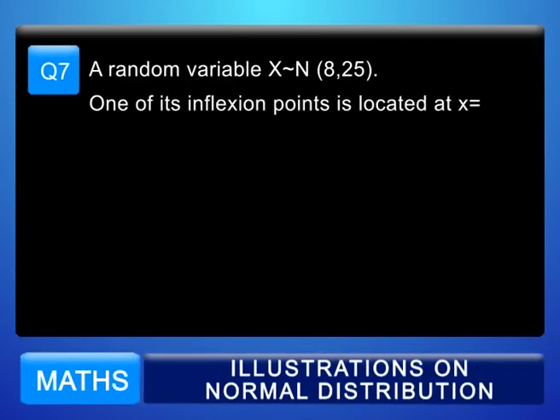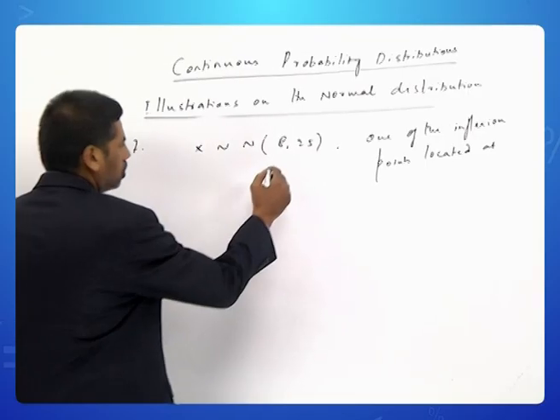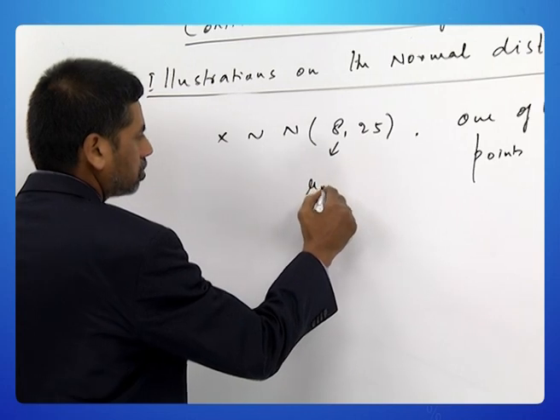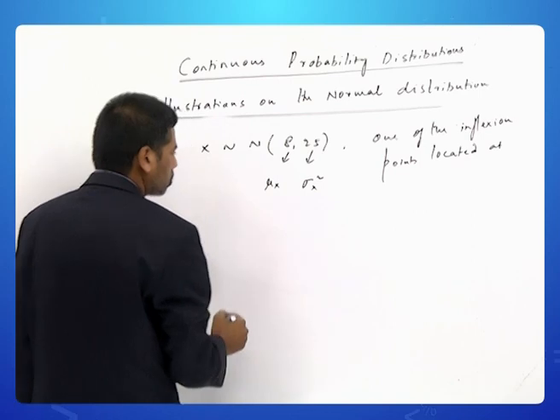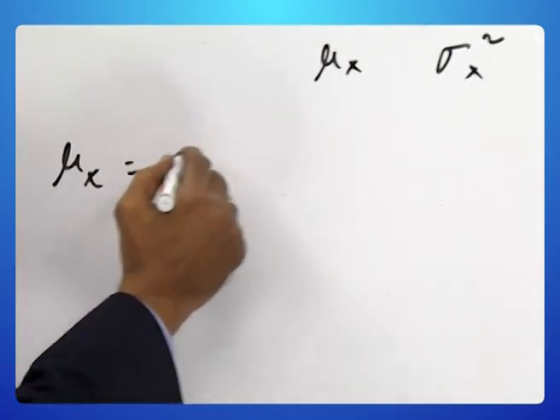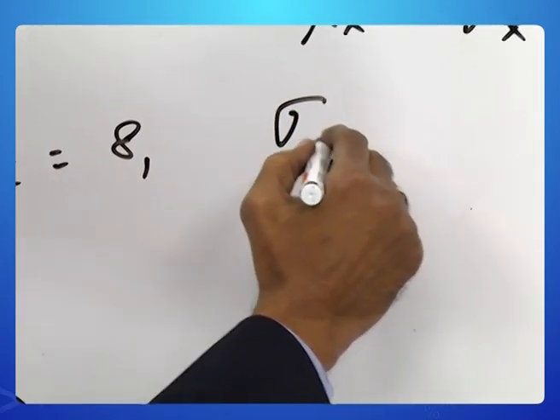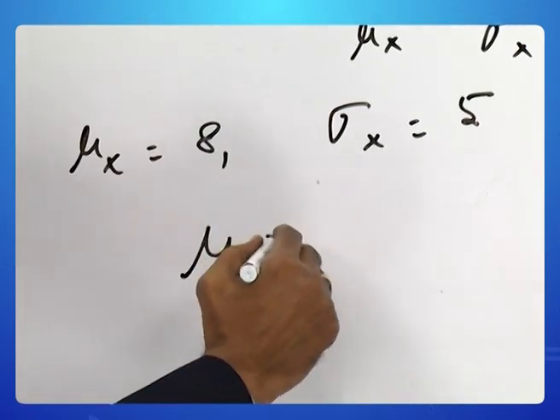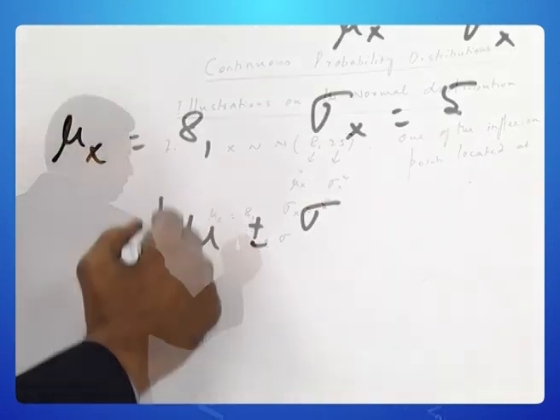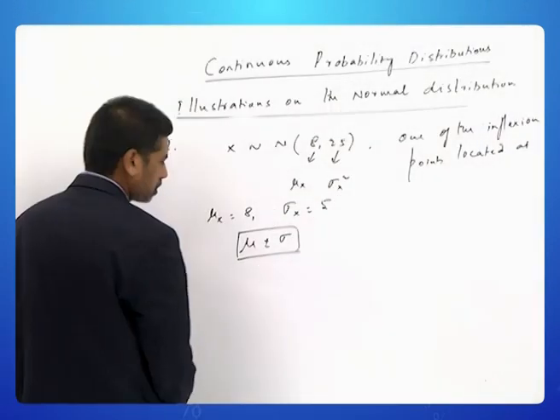Question number 7. If a random variable x follows a normal distribution with mean 8 and variance 25, where is one of the inflection points located at? That's the question. So this is the mean, this is the variance. So mean of x is equal to 8, standard deviation of x is equal to 5. We know that mean plus or minus standard deviation are the inflection point locations.